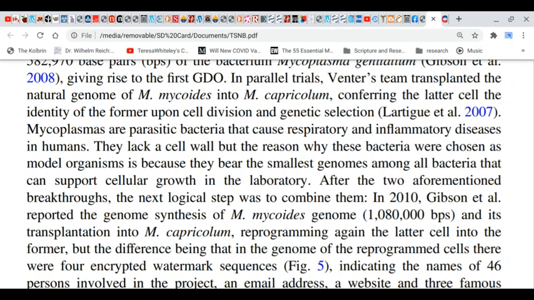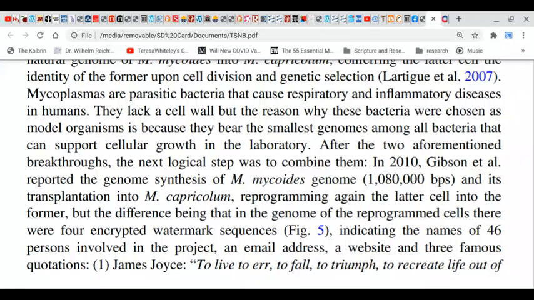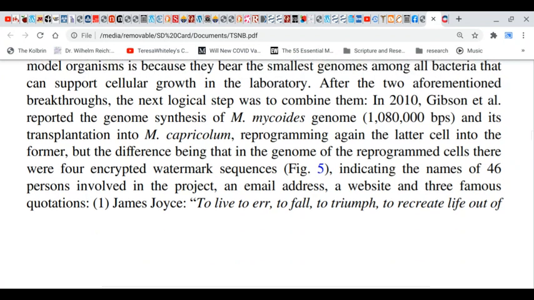In 2010, Gibson reported the genome synthesis of the M. mycoides genome and its transplantation into M. capricolum, reprogramming again the latter cell into the former, but the difference being that in the genome of the reprogrammed cells, there were 4 encrypted watermark sequences, indicating the names of 46 persons involved in the project, an email address, a website, and 3 famous quotations.